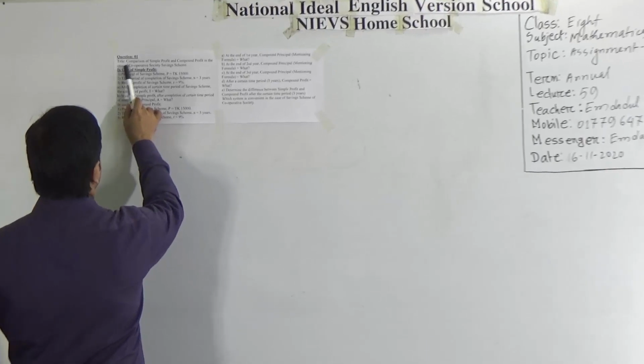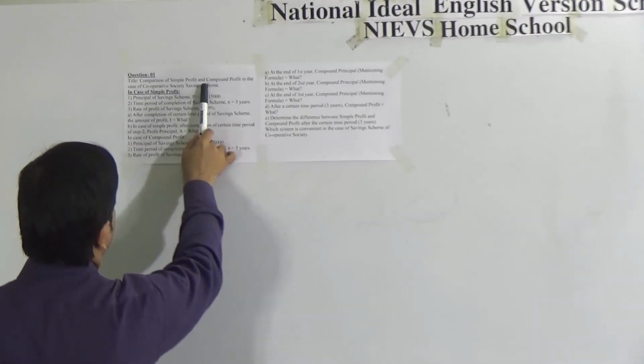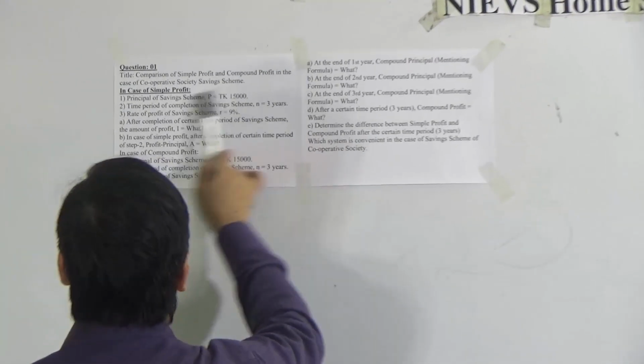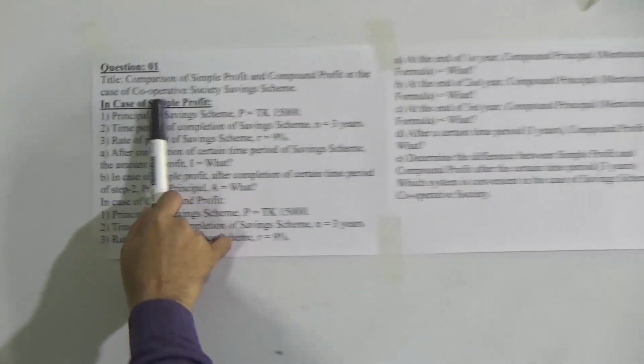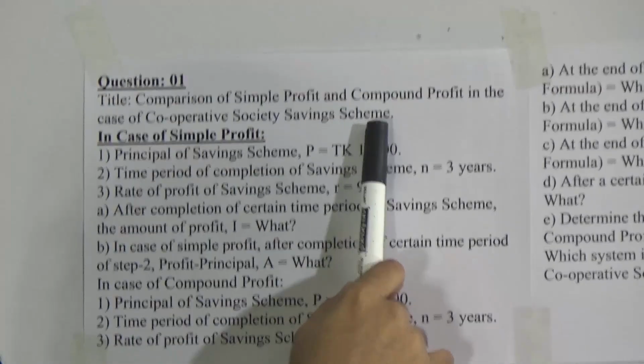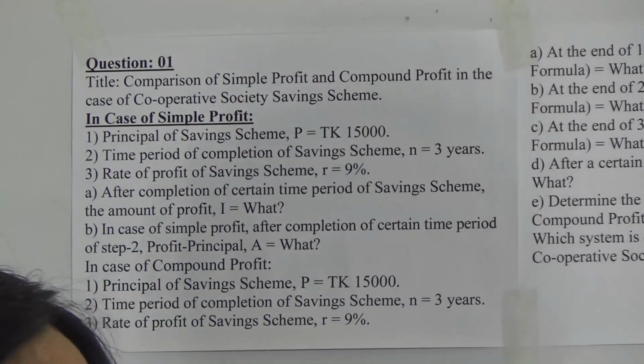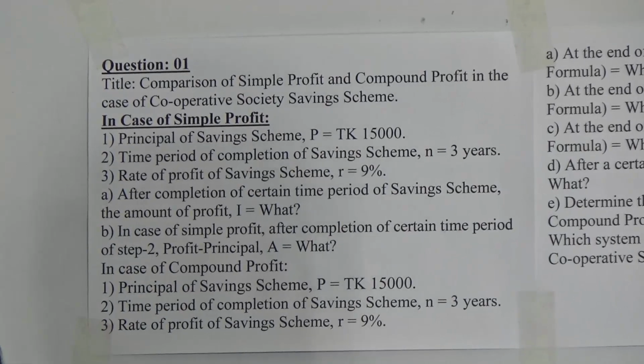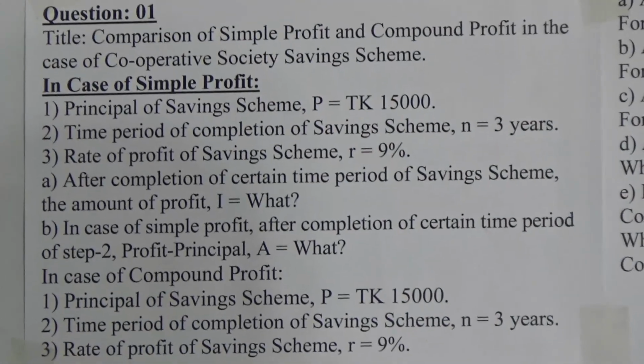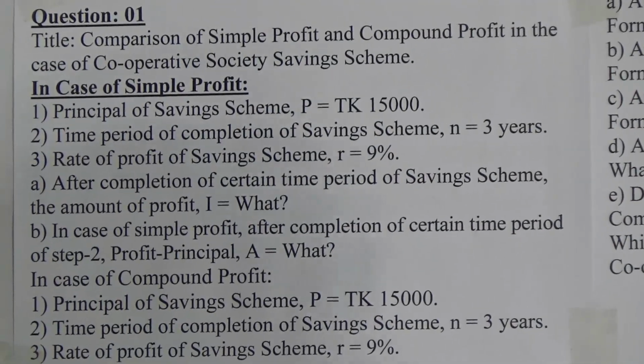Here the title is: comparison of simple profit and compound profit in the case of cooperative society savings scheme. It means that in case of cooperative society savings scheme, we have to compare the simple profit and compound profit.